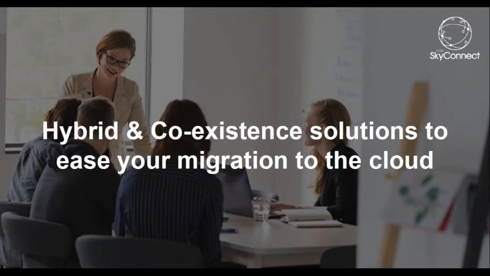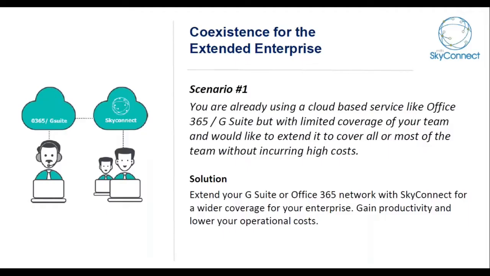Now let's talk about how, one thing is established, any organization must already be using an email solution. So how do we bring in the cloud, or how do we bring SkyConnect into the picture?